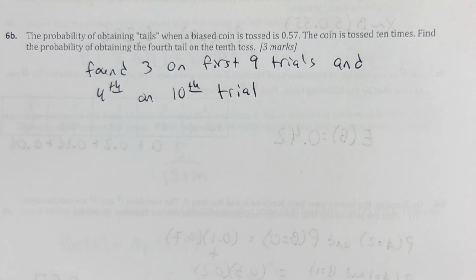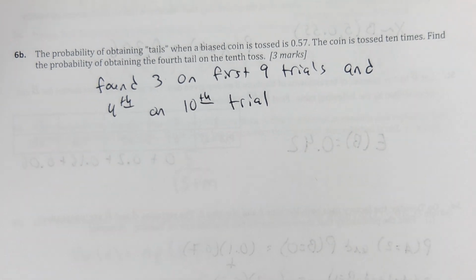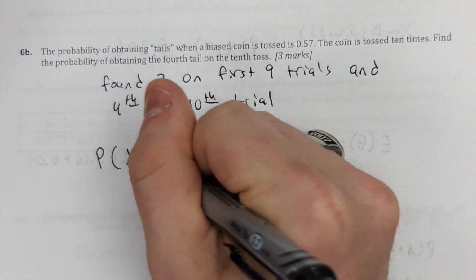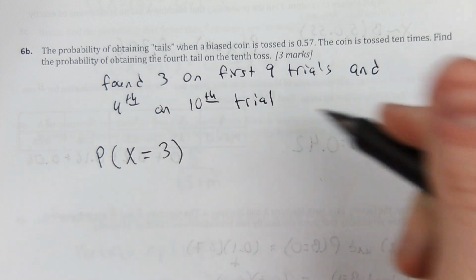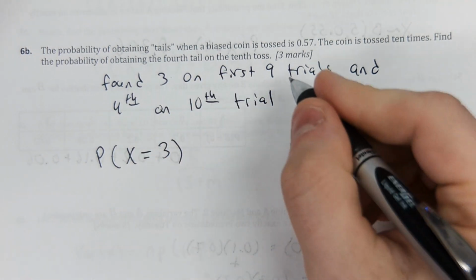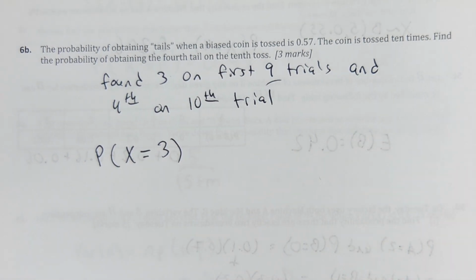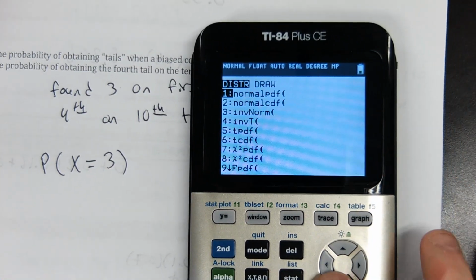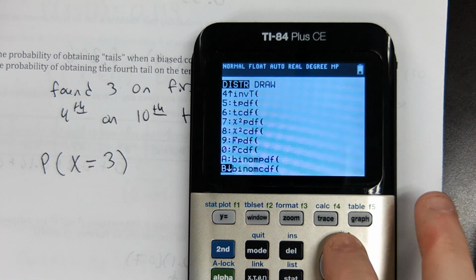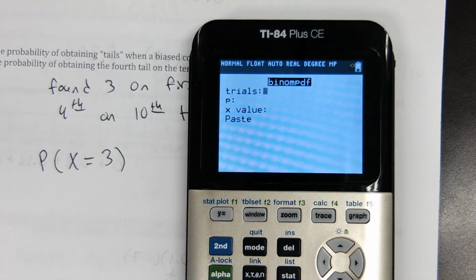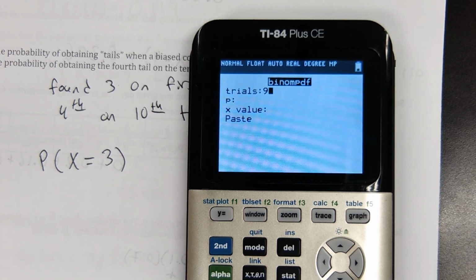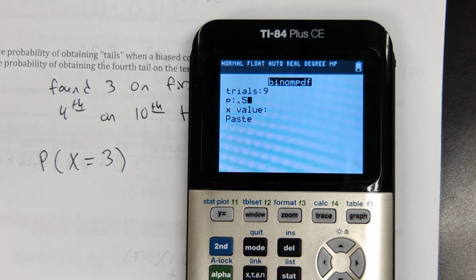Right. So we're actually trying to find the probability of X equaling 3 in the first 9 trials. So when we go to our second vars, down to binom PDF, because we're looking for exactly 3, our trials isn't 10. Our trials is 9. Probability of success, 0.57.